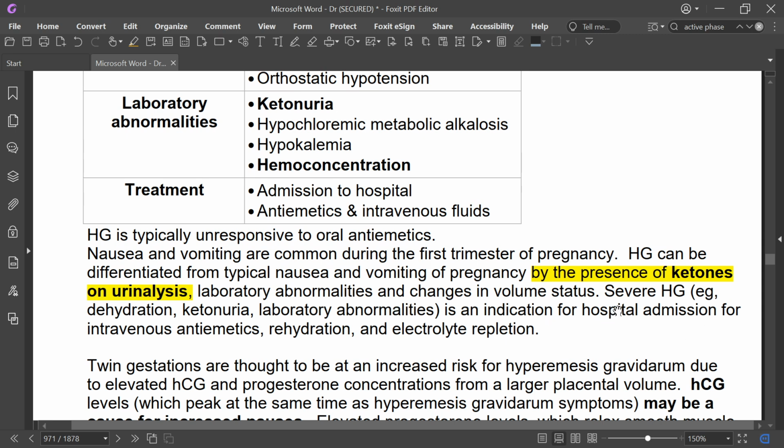Severe hyperemesis gravidarum can cause dehydration, ketonuria, and lab abnormalities, and is an indication for hospital admission for intravenous antiemetics, rehydration, and electrolyte repletion.